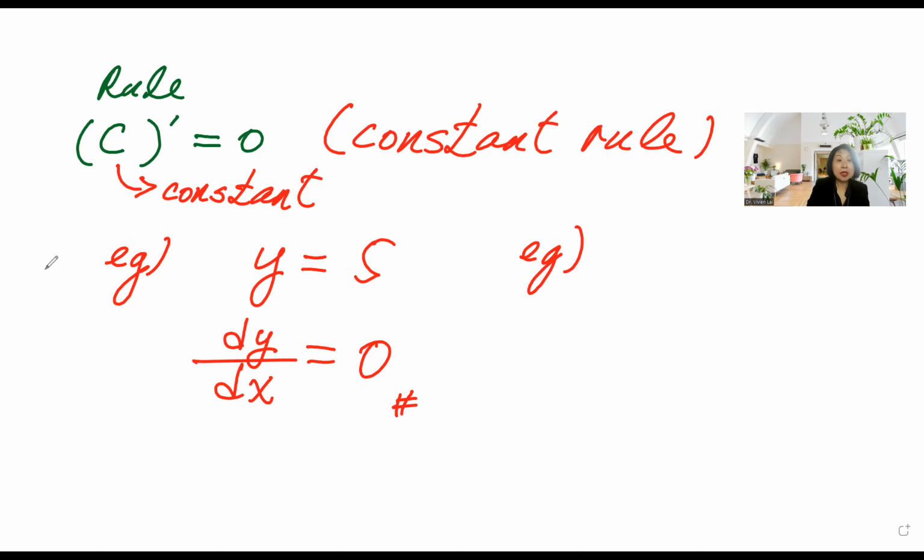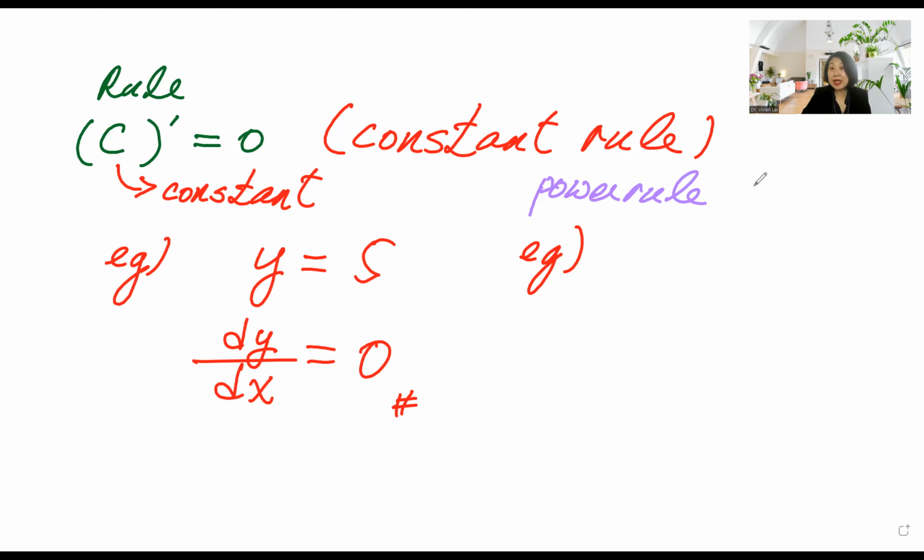Okay, let me help you to recap the power rule first. The power rule says that the derivative of x to the n power is: you put the n in front, and then x, and then this n must be n minus 1, right? So this is the power rule.